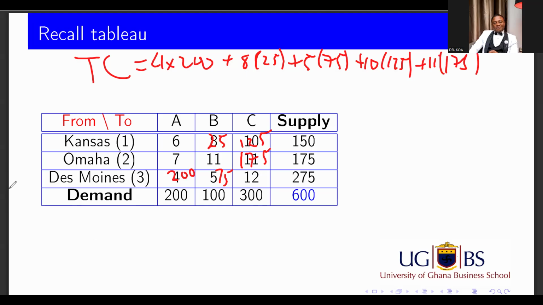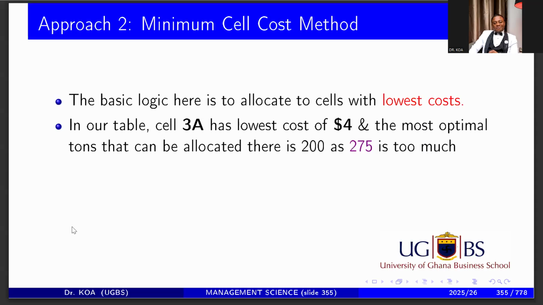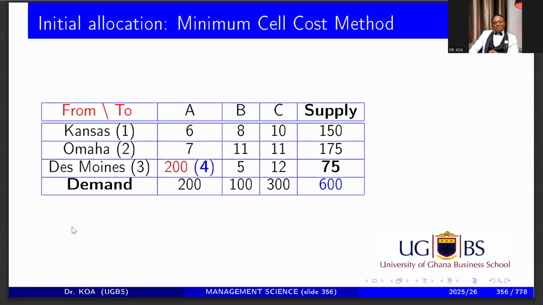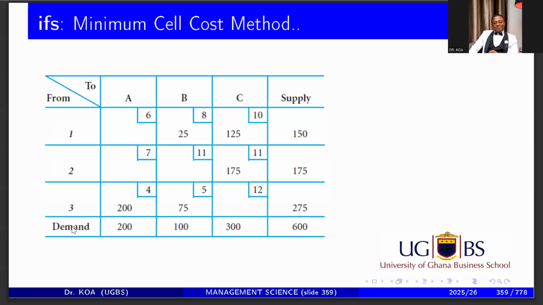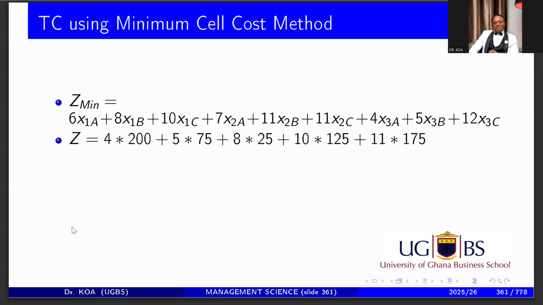Okay. So if you do this well, you're going to get an answer. And the idea is that because it's focusing on the minimum cell cost, you're going to get an answer which is a bit smaller. Everything we did is here. So this is it. 4 times 200, 5 times 75, 8 times 25, 10 times 125, 11 times 175.